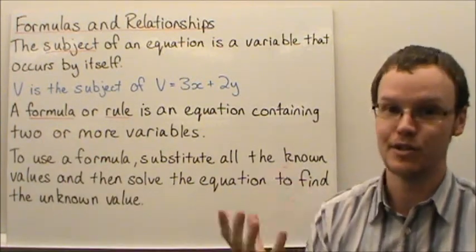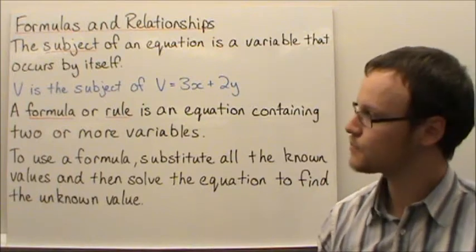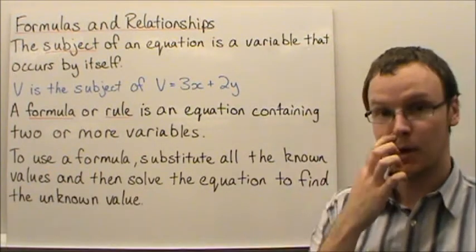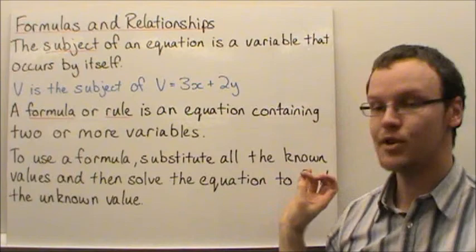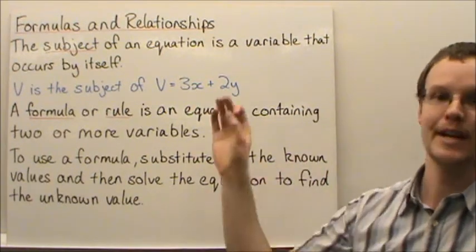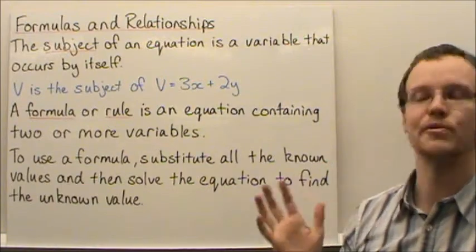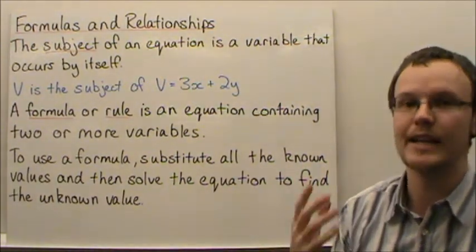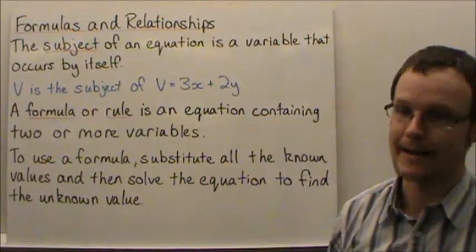Formulas are used for real life situations. So to use a formula or a rule even, substitute all the known values. Substitute all of the values that you know into your equation and then solve the equation for any unknown value remaining.